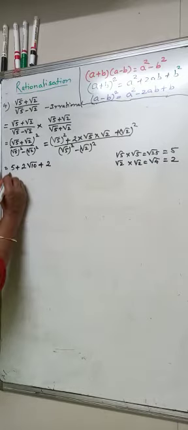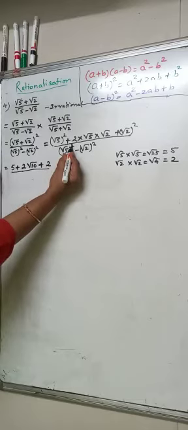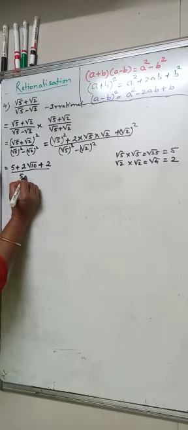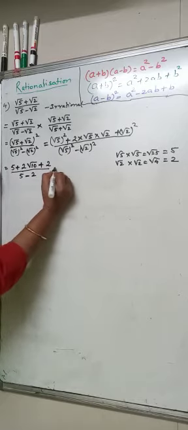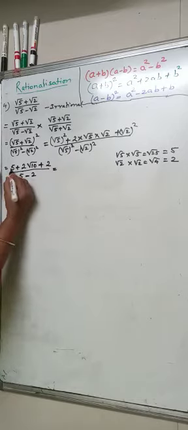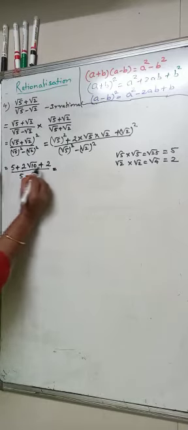So 2, the whole upon the same thing: (√5) the whole square is 5 minus (√2) the whole square is 2. That is equal to 5 plus 2, 5 plus 2.